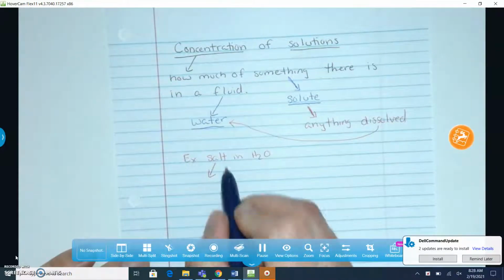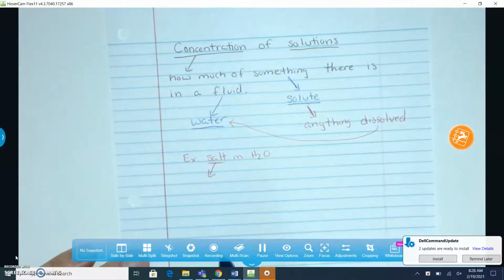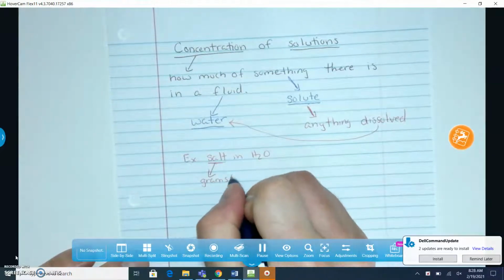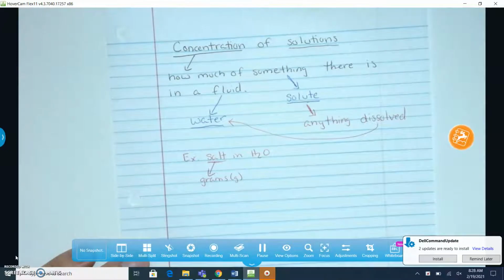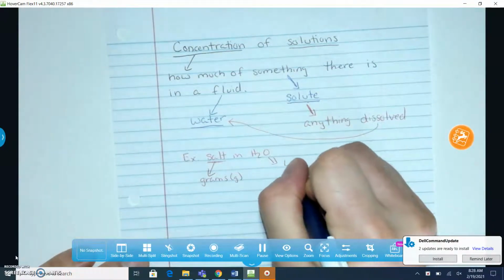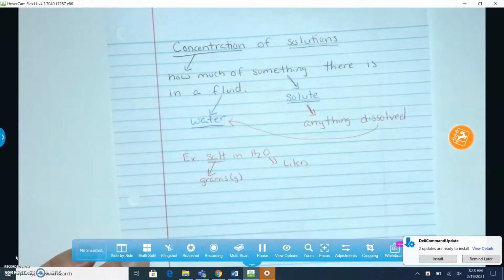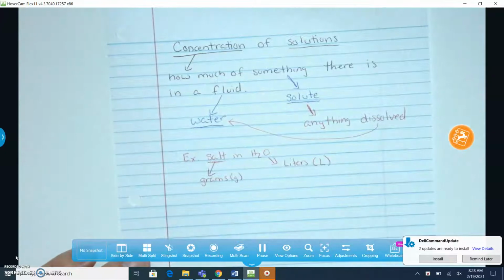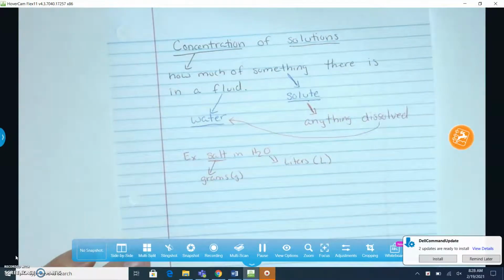In this case, since we're using a solid, we will measure that in grams, which is g. And the fluid is usually measured in liters, although sometimes you might see it measured in milliliters or something like that.